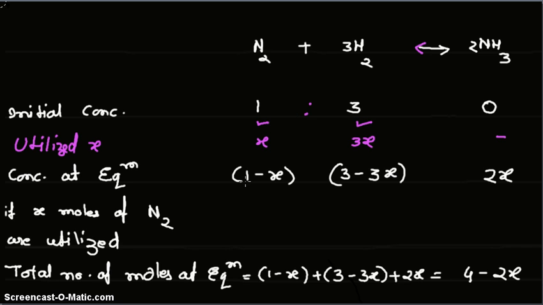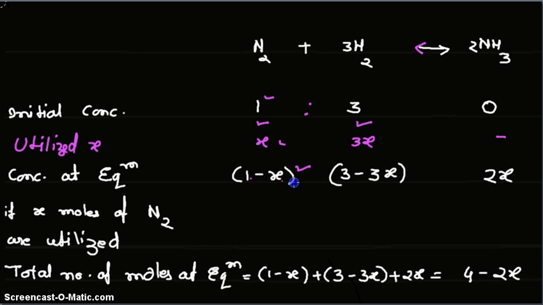Now what would be the undissociated or unreacted nitrogen? Initial concentration minus the utilized number of moles: 1 minus x.